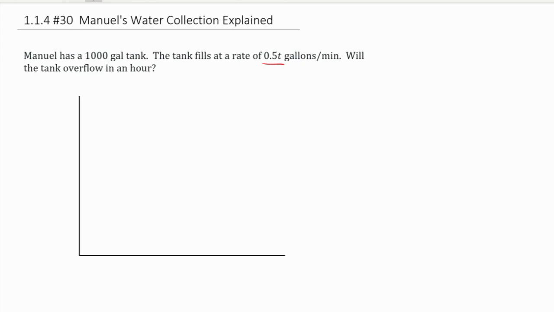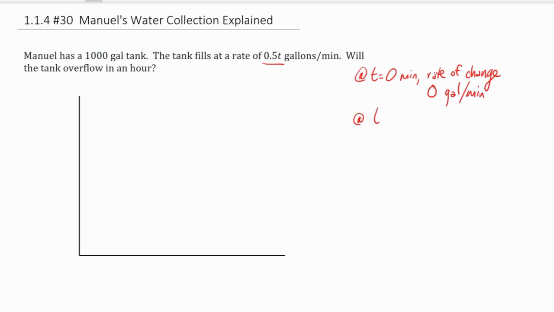So what the book means by y equals 0.5t is that every minute the rate of change is different. So at t equals 0 minutes, the rate of change, and I'm going to just keep writing rate of change, not the number of gallons total, would be, if I plug in 0, 0 gallons per minute.